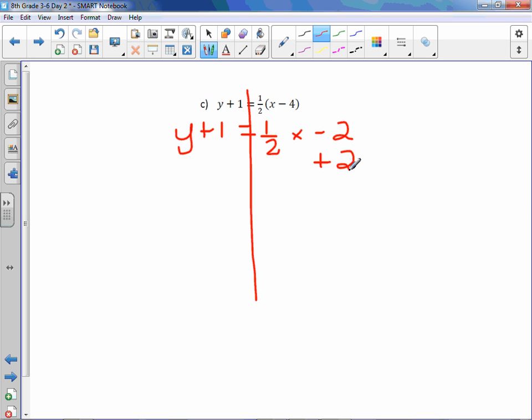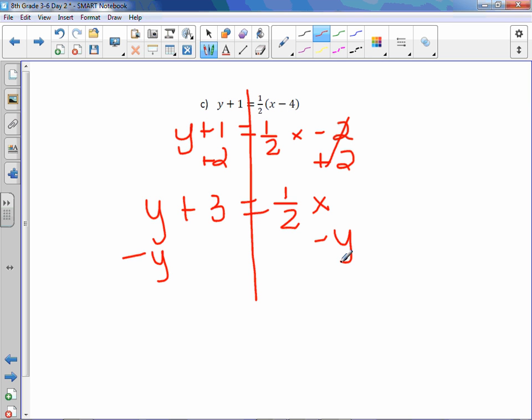Instead, I'll get rid of the minus 2 by adding 2. Those cancel out. I get y plus 3 equals 1/2 x. I need to get the number by itself, so I'm going to subtract y from both sides. And I get 3 equals 1/2 x minus y.